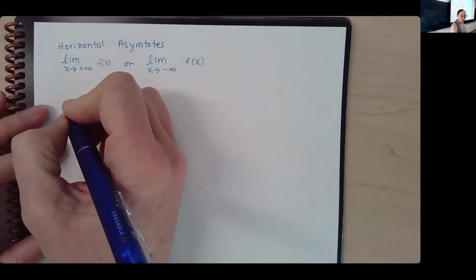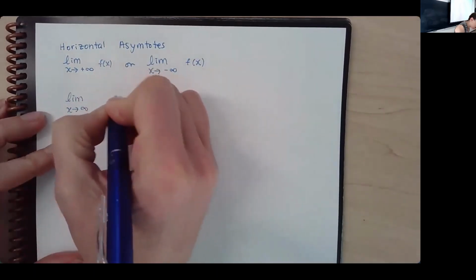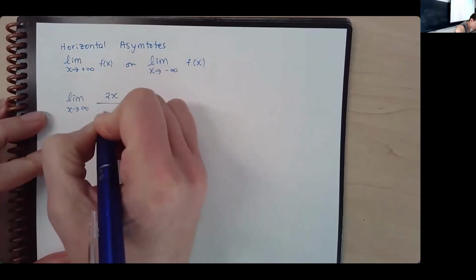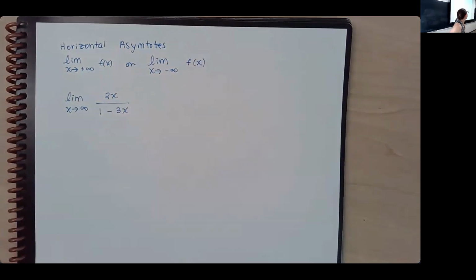I'm just going to give us something to practice some algebra. Let's say I had the limit as x approaches infinity of 2x over 1 minus 3x.